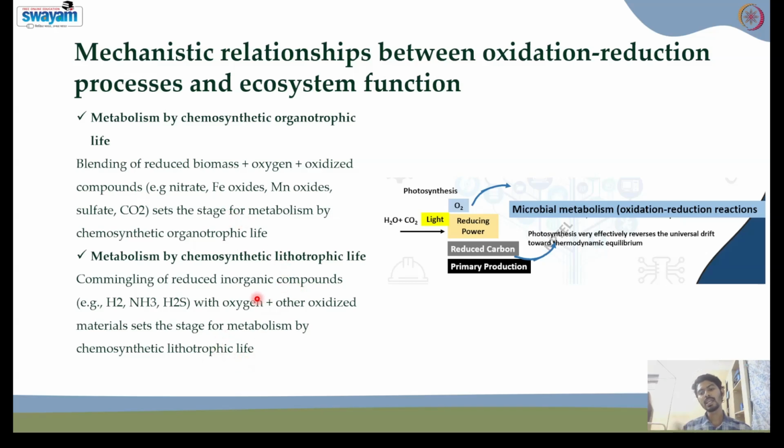So depending upon their resource, they will set the stage for their metabolism. So if you see here, the water plus carbon dioxide, if it uses light as an energy source, we call it phototrophs. And what happens? It will reduce the carbon and they will use it for metabolism through various oxidation and reduction reactions.